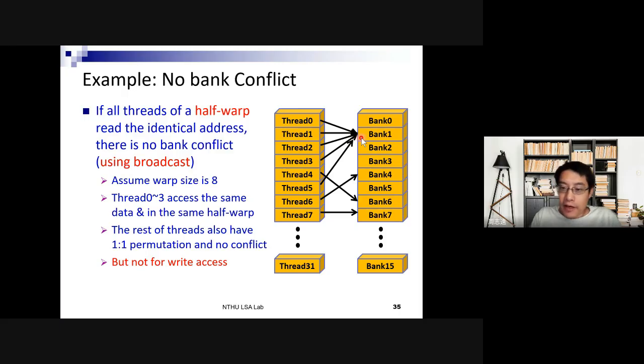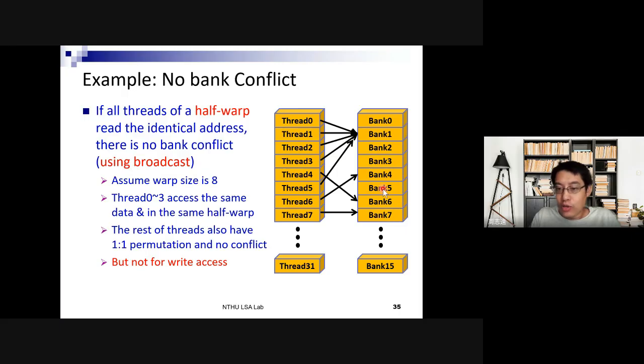Okay, this arrow should move down a little bit. Sorry about that. This arrow should point to bank 2 instead of bank 1. So there's no bank conflict. For the rest of the warp, you can see that threads 4 to 7 point to banks 2, 4, 6, 7. So they point, again, to different banks.